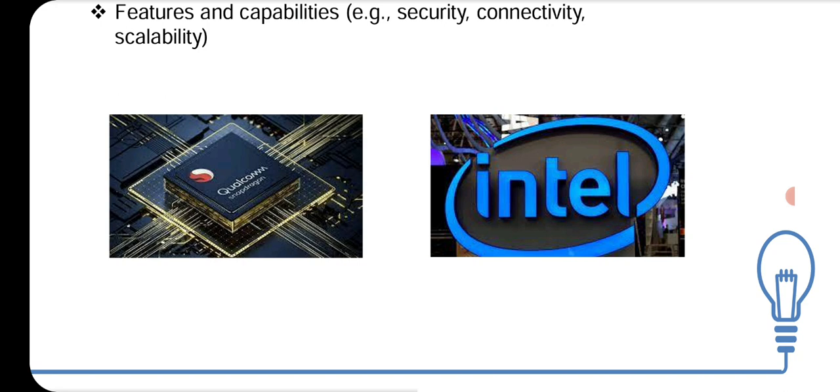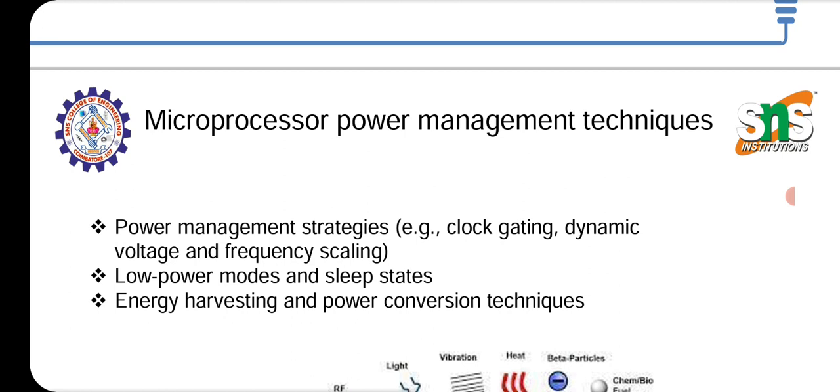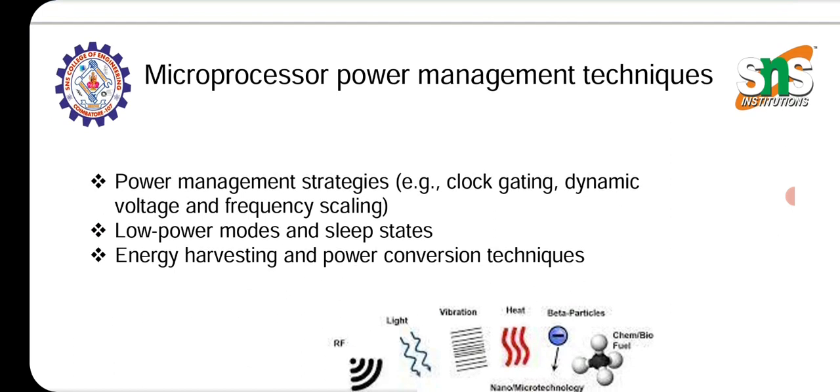It is based on Atmel AVR microcontrollers. So in terms of performance and power consumption, the ARM Cortex M series processors are the most energy efficient and provide a balance between performance and power consumption.